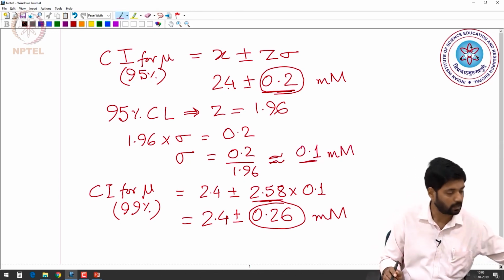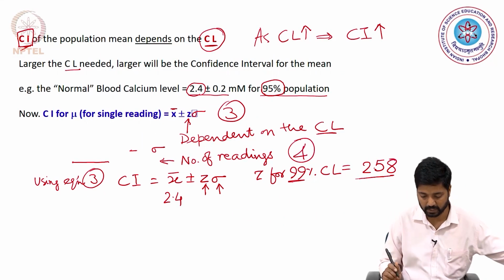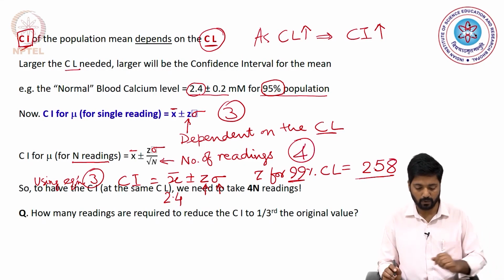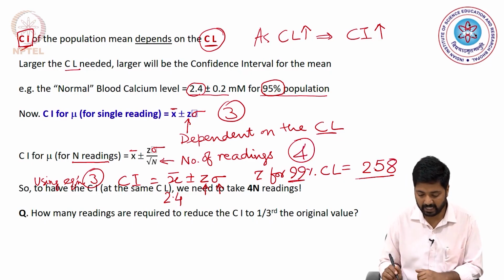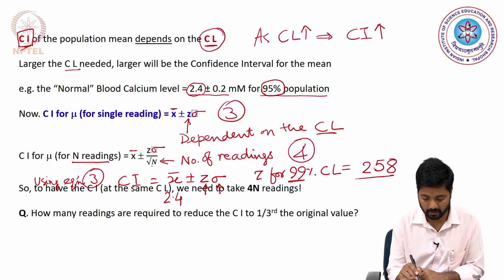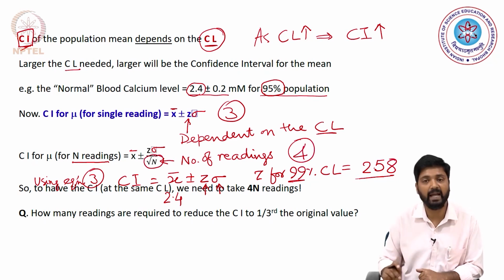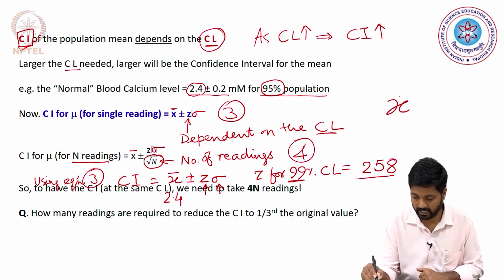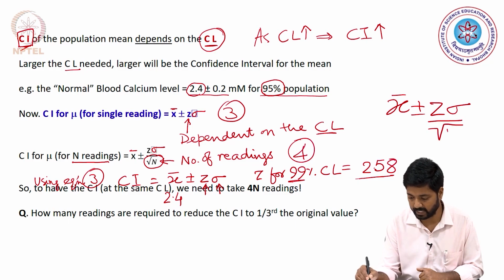Now, let us go back to our presentation. So, what we observe is that if we are repeating our measurement n times, the confidence interval can be written as x bar plus minus z sigma by root n.